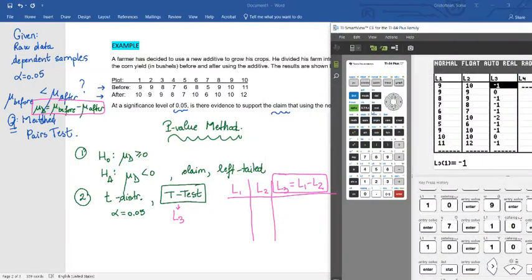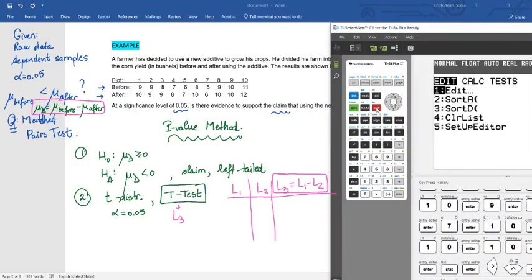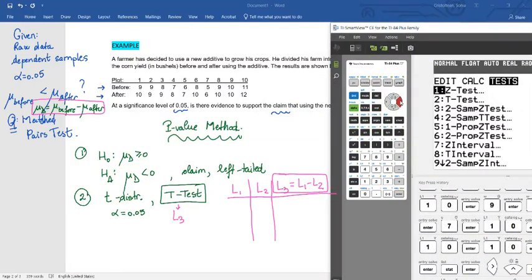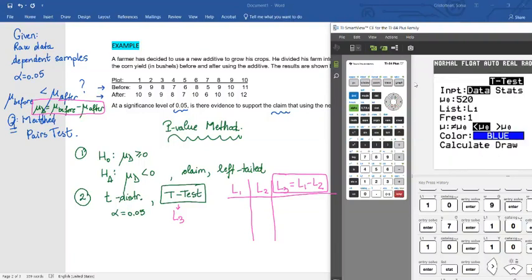What we do now, we go to stats, and we simply go to tests and choose the t-test, hit enter, and we have data in list 1, list 2, and list 3. However, for data, I will be using the data in list 3. So first of all, what is mu? Mu will be compared to 0.